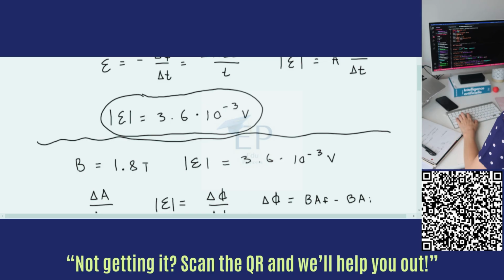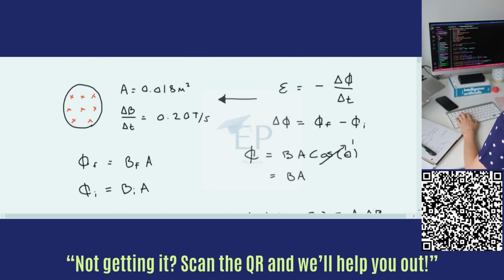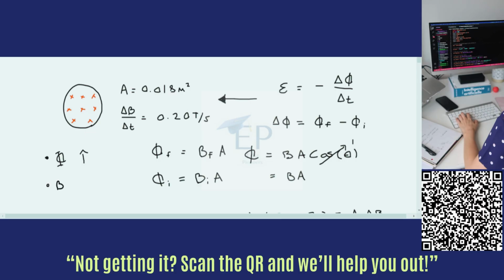Let's use our picture as an example here to help us along. In this picture, the magnetic field is pointing into the page and it's increasing into the page. So the flux is increasing and B is into the page.